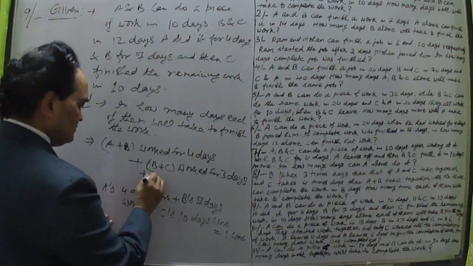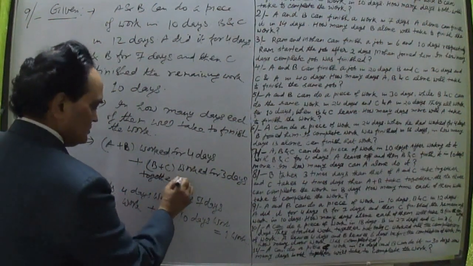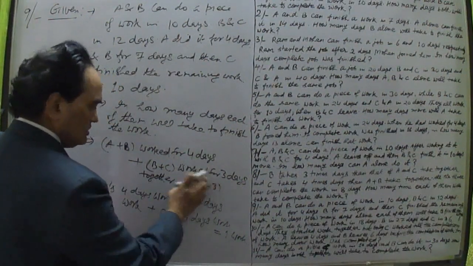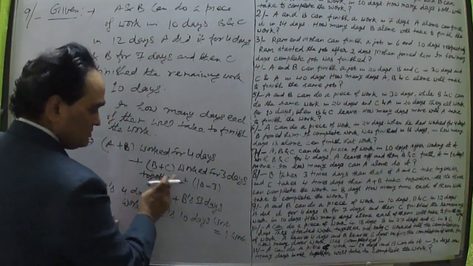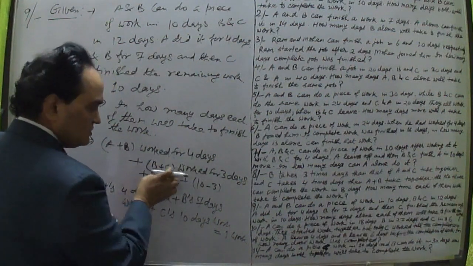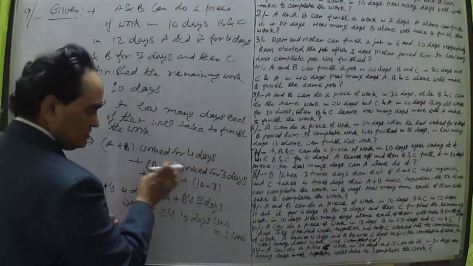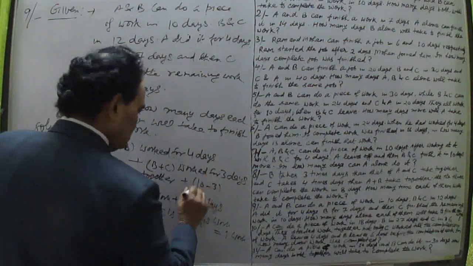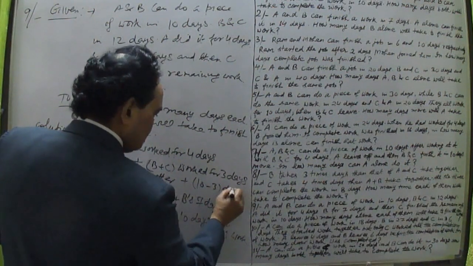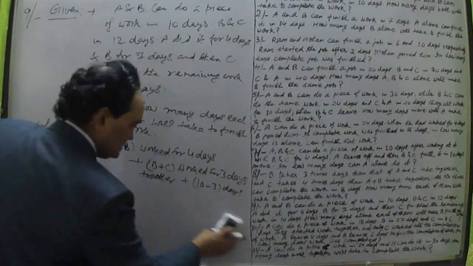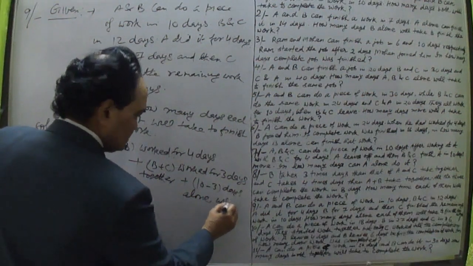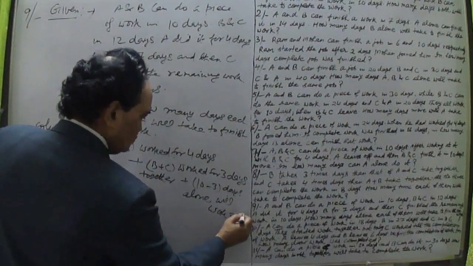Plus 10 minus 3: total 10 days C worked, and 3 days C has worked with B, so the remaining 7 days C alone will work, and this is equal to 1 work.